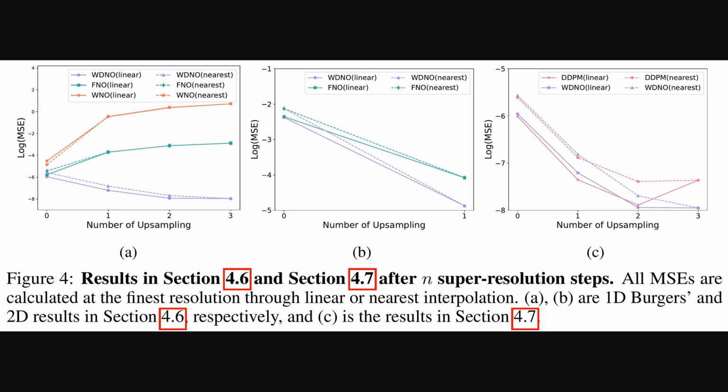Alright, across the plots for both 1D, that's plot A, and 2D, plot B, you can see WDNO, the purple line, consistently achieves lower error as the resolution increases compared to other methods like FNO and WNO, and plot C shows it compared to DDPM. Again, WDNO maintains a lower error, especially after multiple upsampling steps. This really backs up quantitatively what we saw visually. The model effectively generalizes to higher resolutions.